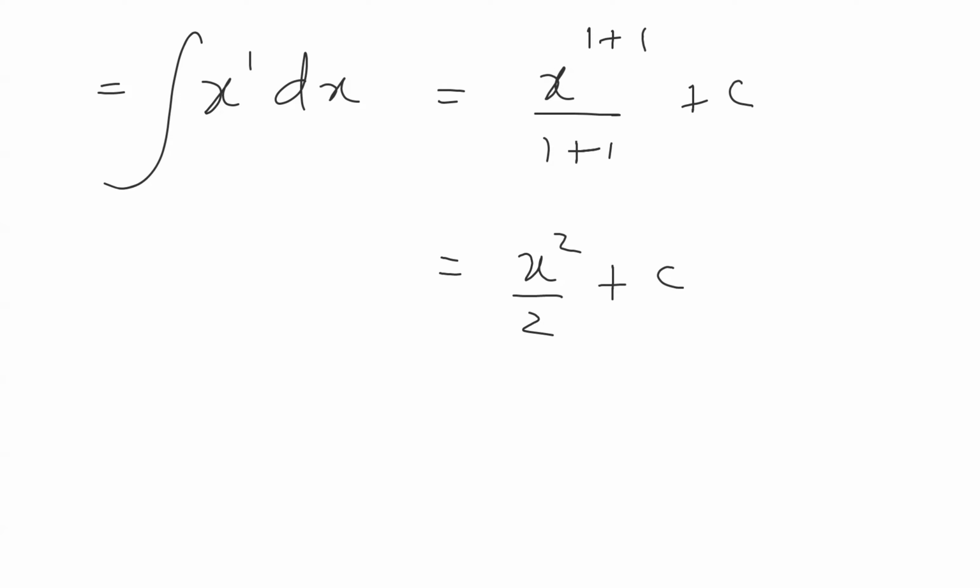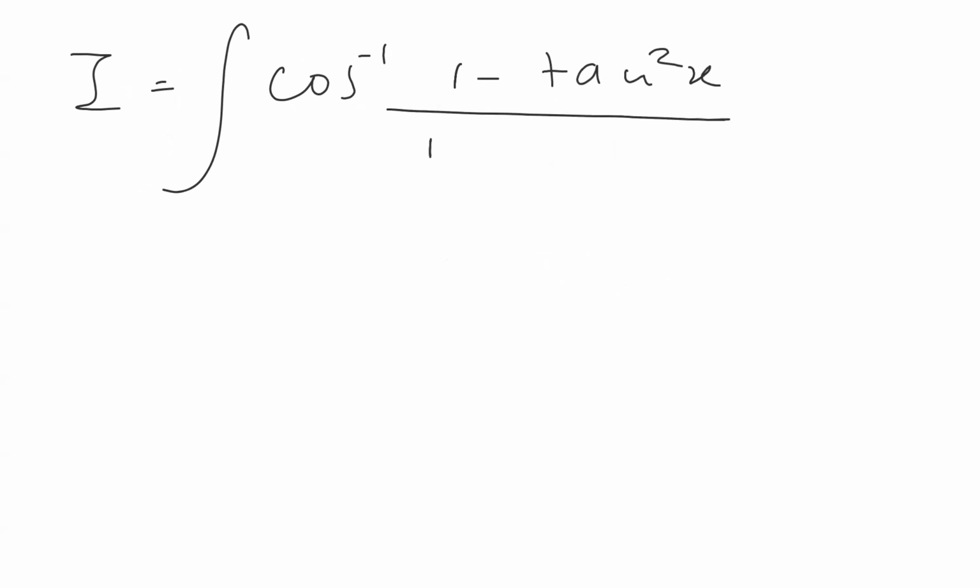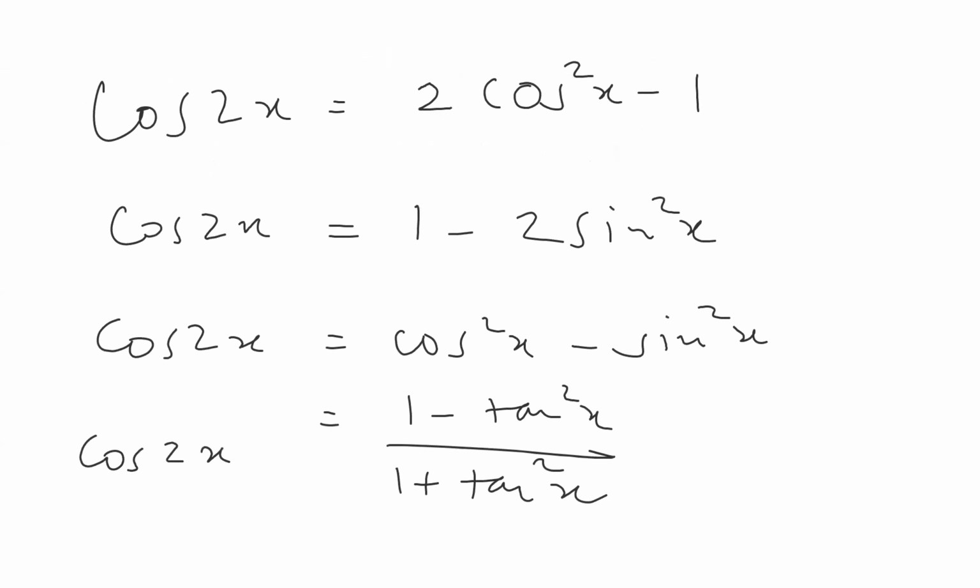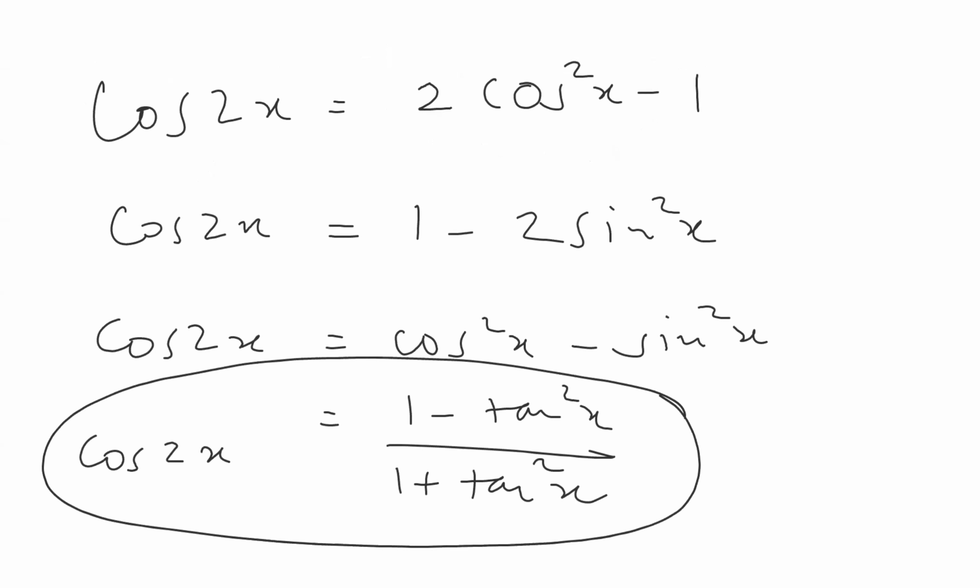Okay, let's take a few more problems. Integration of cos inverse of 1 minus tan square x upon 1 plus tan square x. So as you can see, this is the half angle formula for cos 2x in terms of tan.